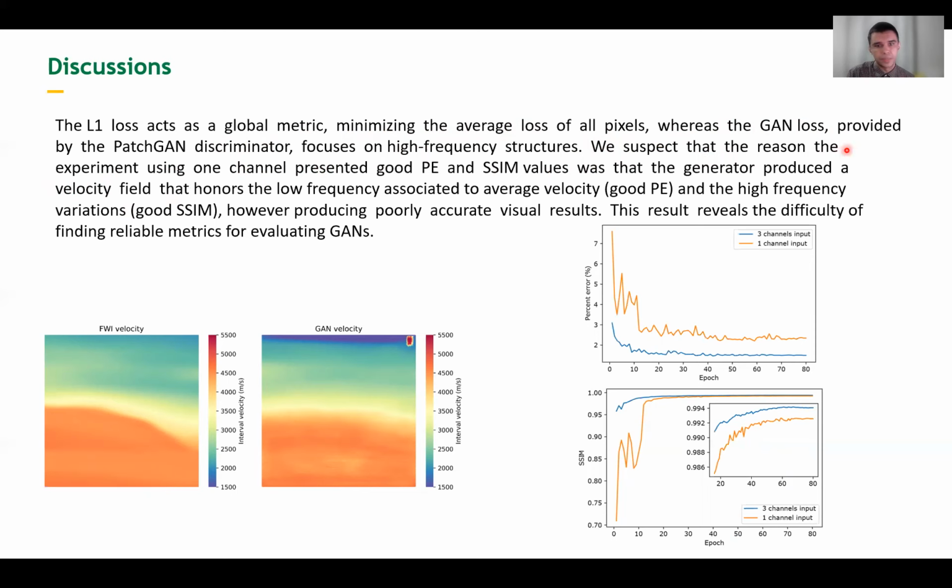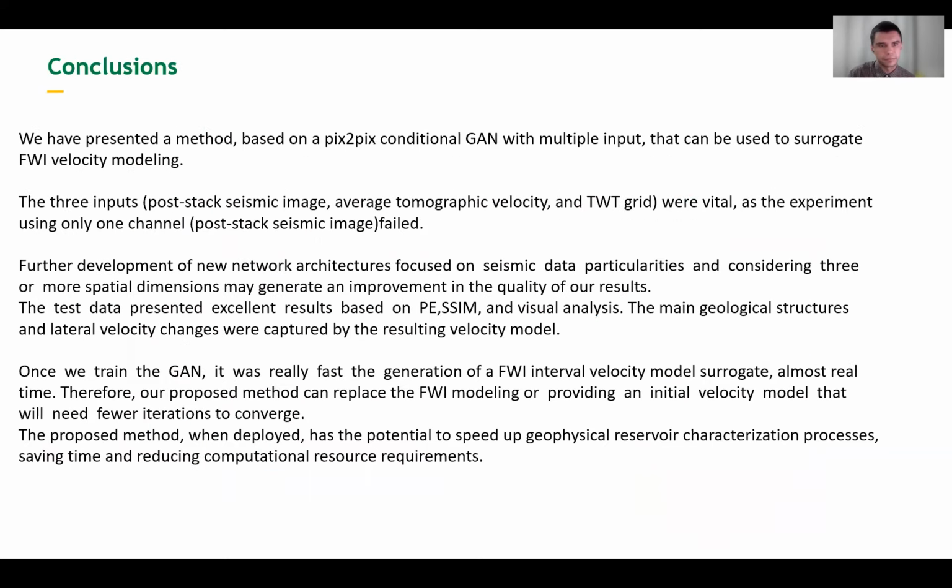We suspect that the reason the experiment using only one channel presented good percent error and SSIM values was that the generator produced a velocity field that honors the low frequency associated with the average velocity, good percent error, and the high frequency variations, good SSIM, however, producing poorly accurate visual results. This result reveals the difficulty of finding reliable metrics for evaluating GANs.